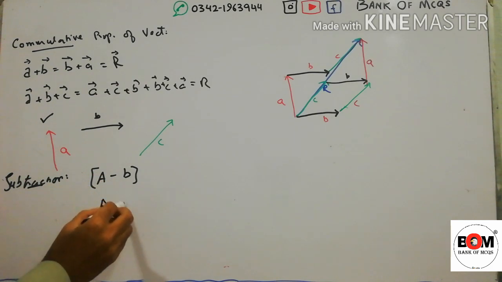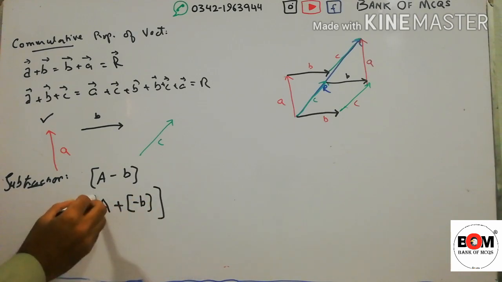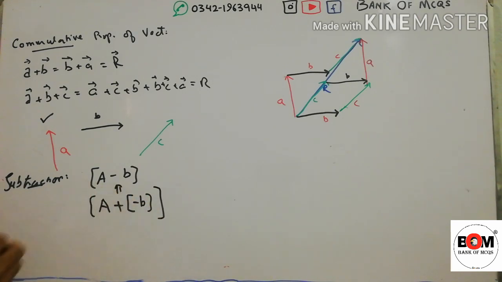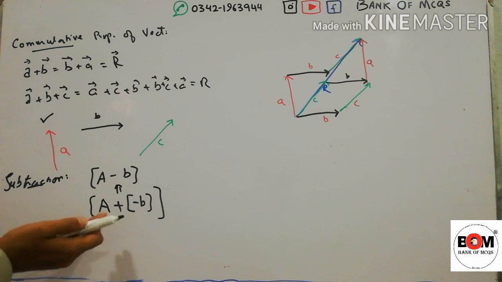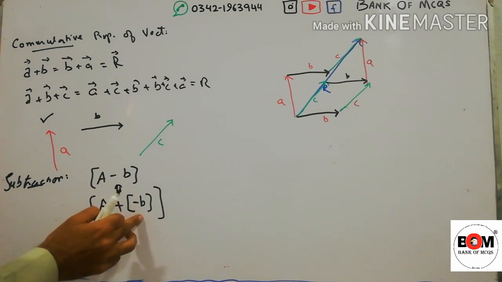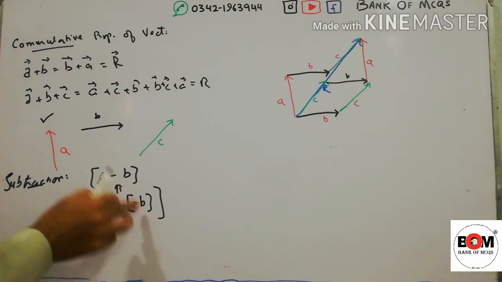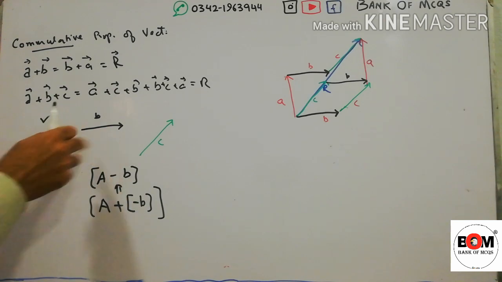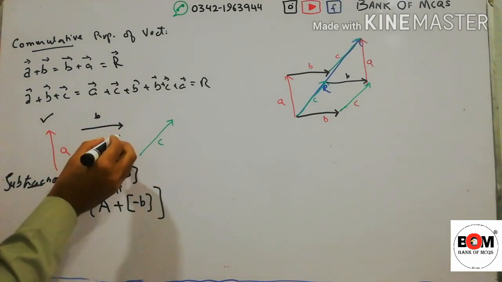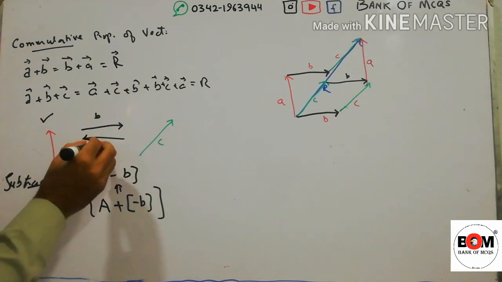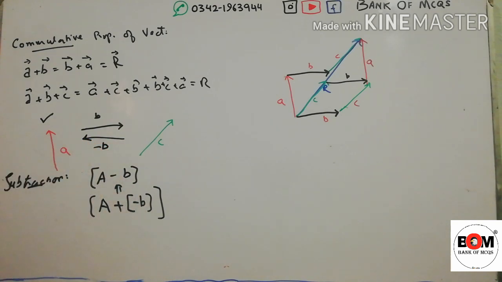We can write A plus (minus B), which is the same as A minus B. So we just add the negative of B. What is the negative of B? Negative of B means the same magnitude as B but opposite in direction. So if this is B, this will be minus B.